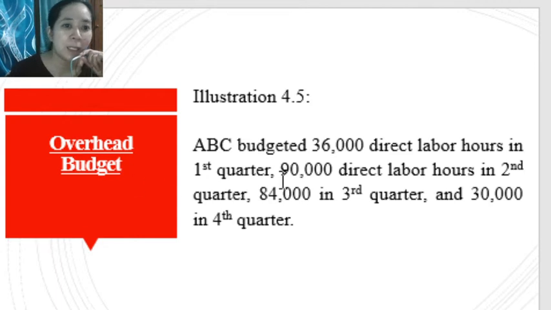By the way, this data comes from our direct labor budget. If you still remember in our previous video lecture, there we determined the direct labor hours needed for each quarter. That's the data that we will use here for the overhead budget, especially since our variable overhead is based on direct labor.